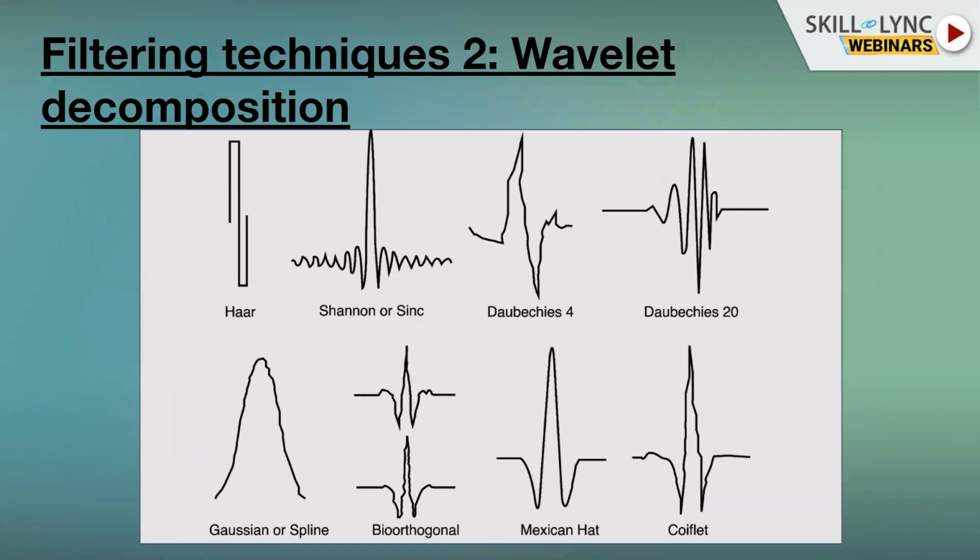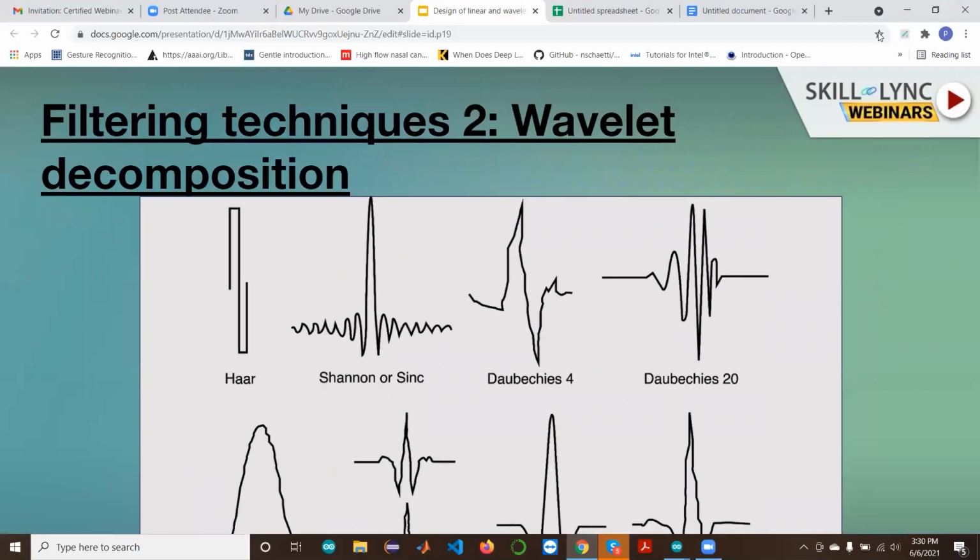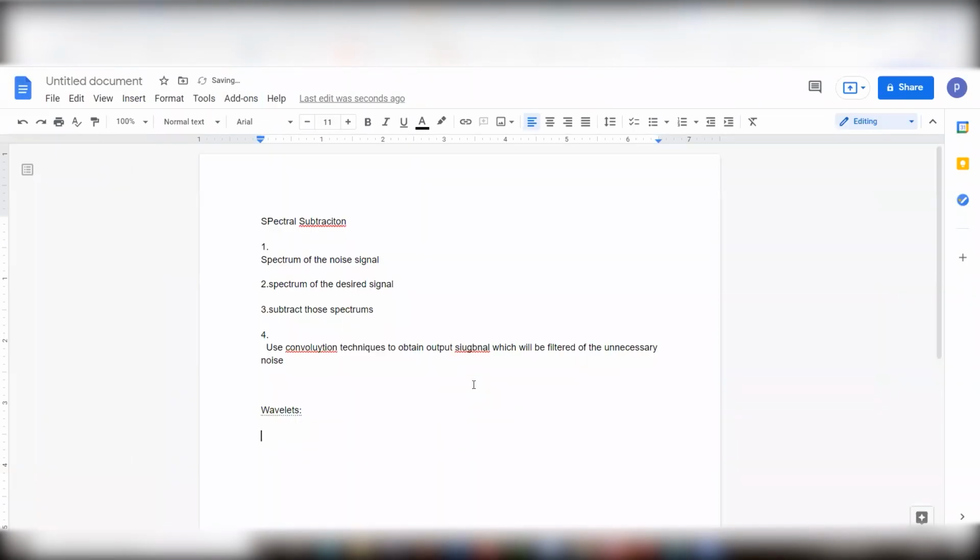So by default, filtering of the signal using wavelets can be defined as convolution of the original signal. It's not convolution, it's correlation. Correlation of the original signal with the desired signal in windowed time frames.